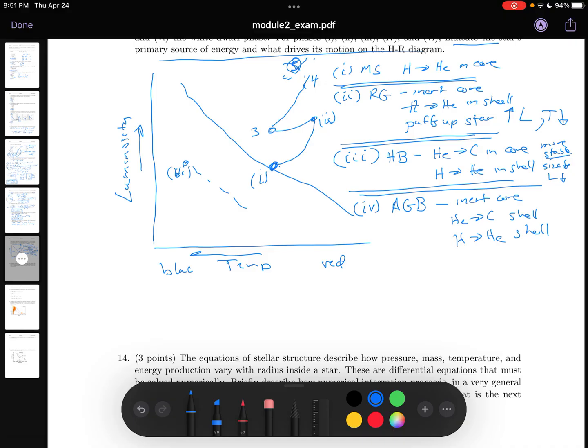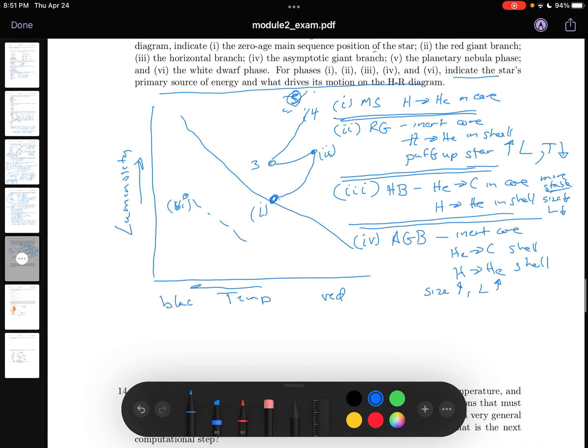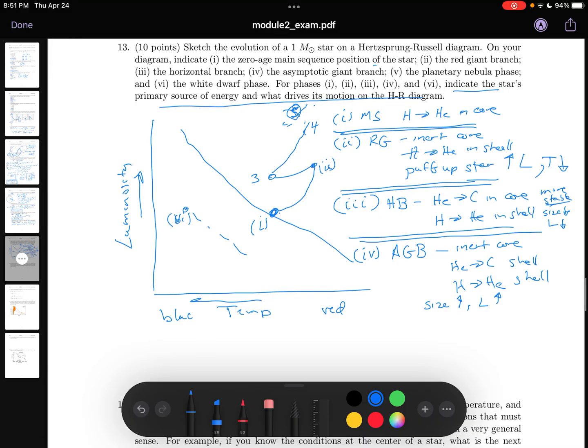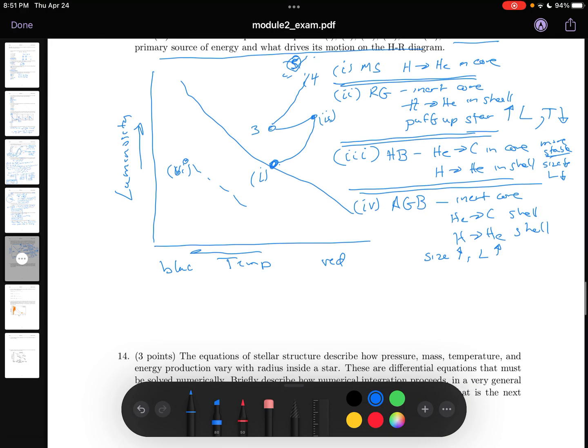Okay. So in this case, our size, because it's basically blowing up as a giant again, increases, and the luminosity increases. The effective temperature gets a little bit redder there. And then the star's energy source, 1, 2, 3, 4, and 6.